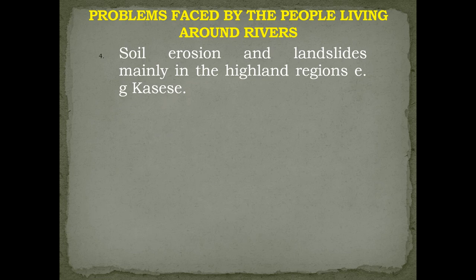Then we have soil erosion. Still, even these ones, we can separate the two. Soil erosion, especially in the highlands, leading to destruction of property. Then landslides, and landslides are particularly common in the highland areas, and in Uganda they are particularly pronounced in Mbale, Bududa, Manafa, on the slopes of mountain Elgon.